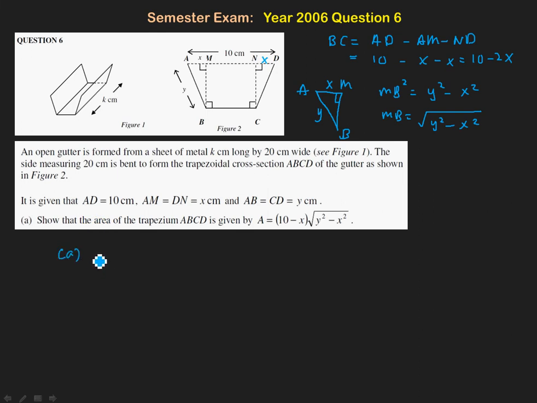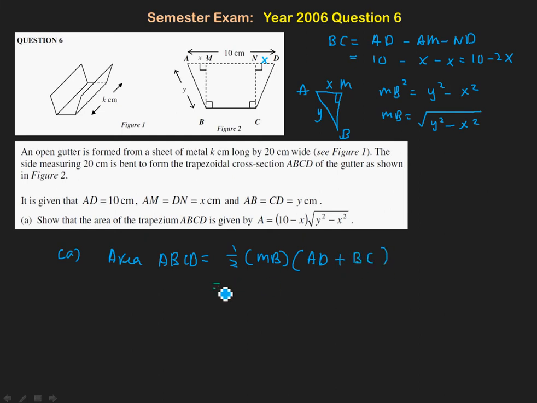Okay, so I think we can start now by tackling part A and show that the area of the trapezium is given by this. The area of trapezium ABCD is half times the height MB times the sum of the two lengths.